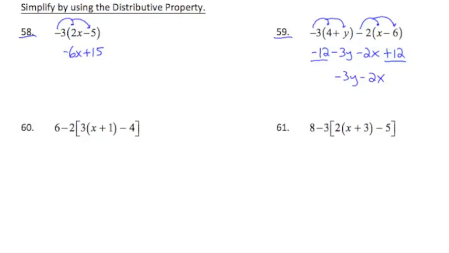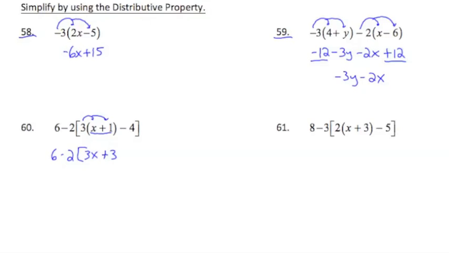All right, let's take a look at question 60 now. Starting inside the brackets, and inside the brackets I would try to do what's inside the parentheses here, but I can't add that x plus 1, so I'm going to go ahead and distribute this 3 to simplify the problem. So let's see, I'll copy this stuff down. So a 3 times an x will give me a positive 3x, and a positive 3 times 1 will give me a positive or plus 3.